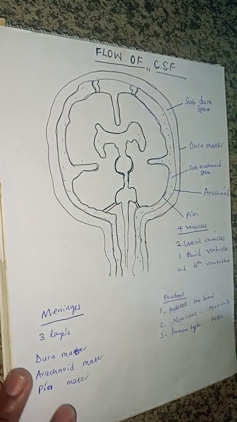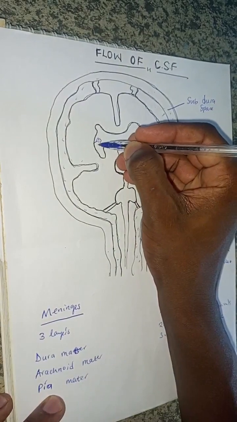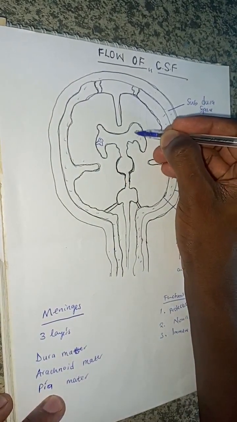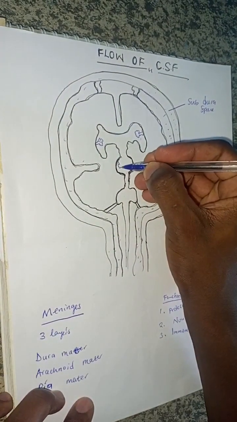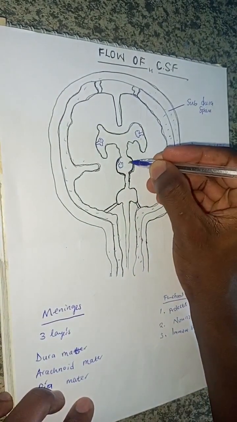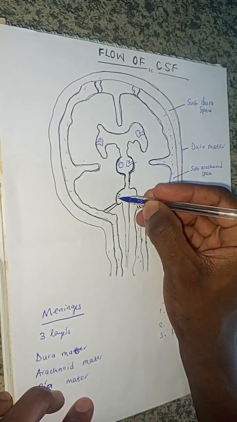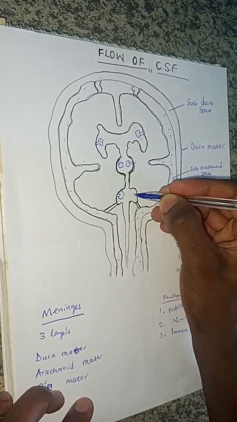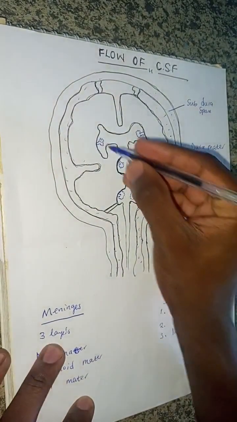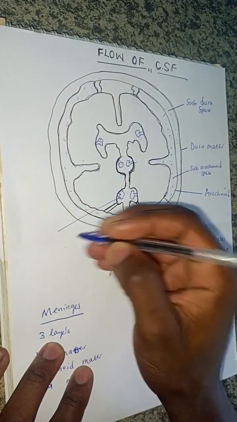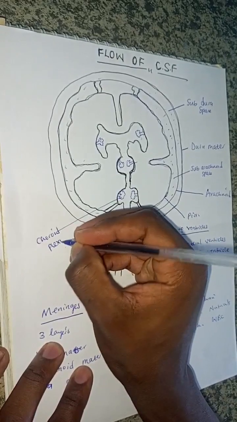So where is this cerebrospinal fluid produced? In each of these ventricles, we have specialized cells that we call the choroid plexus.